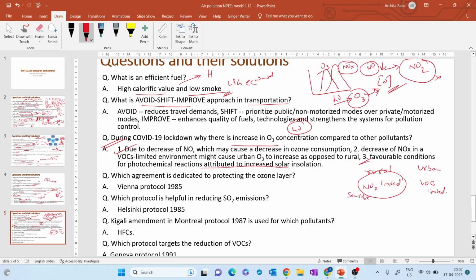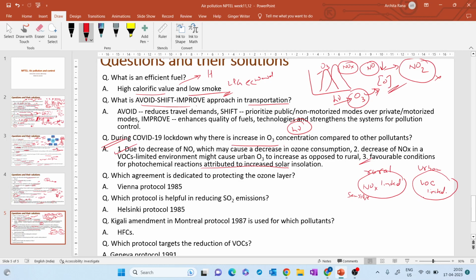A slight increase in NO2 or NO, or a slight decrease in NO2 or NO, will change the pollution in a region. Similarly, VOC or volatile organic compound limited is the same. It means that a slight change in VOC will increase or decrease the pollution.